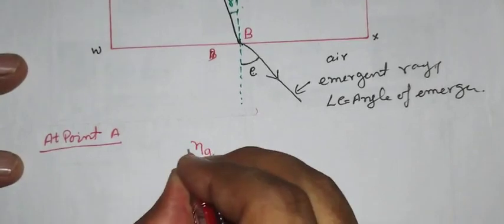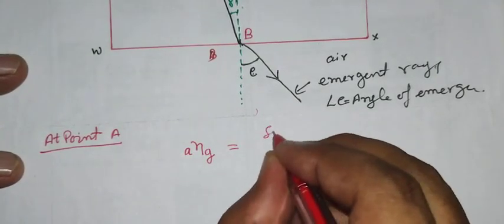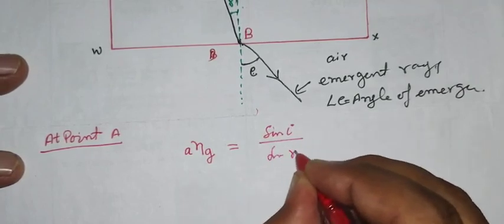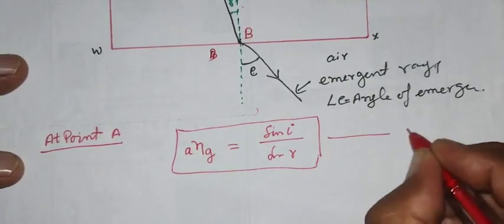So the second medium is glass, the first medium is air. So it is sin I by sin R, represented by equation number 1.